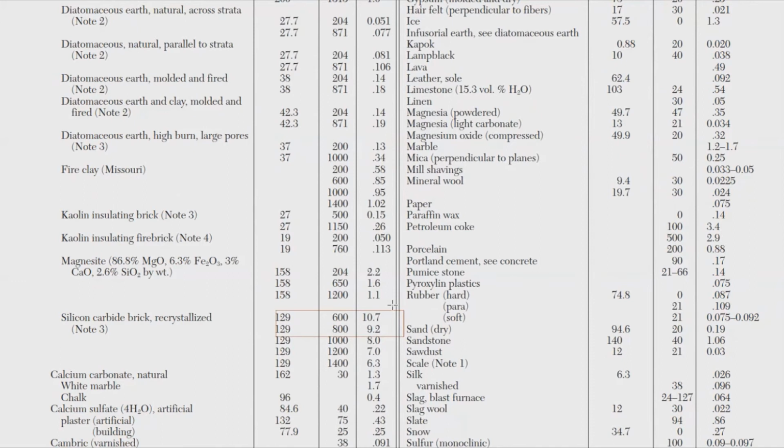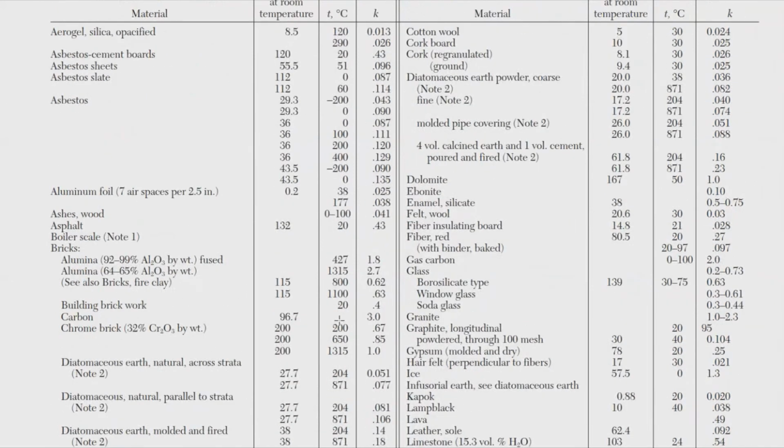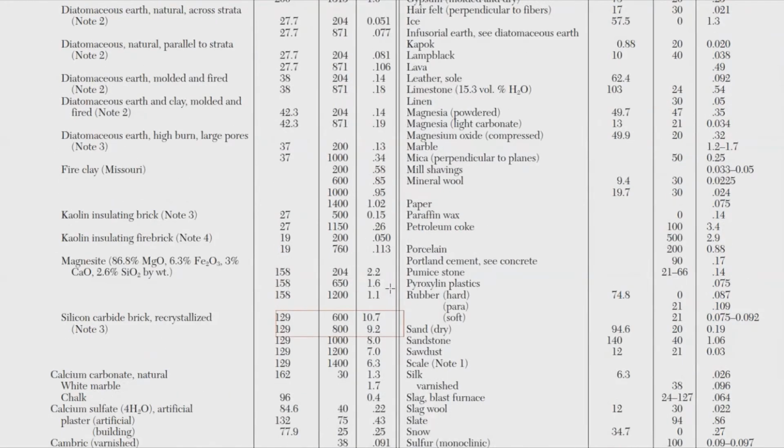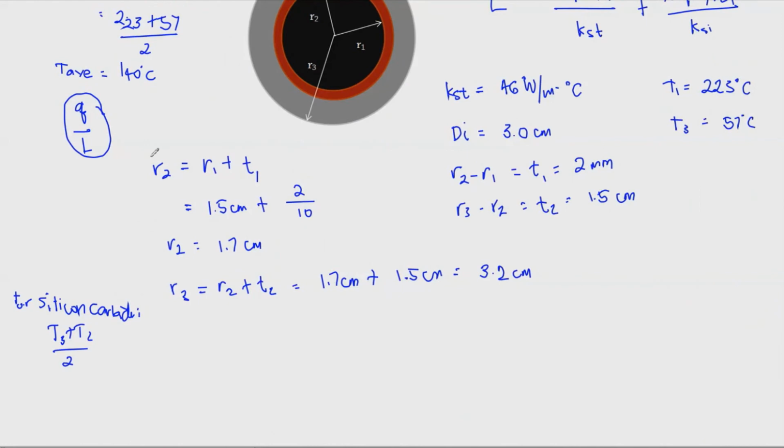So at 140 degrees Celsius, in English units, our thermal conductivity is equal to 14.15 British thermal unit per hour feet degrees Fahrenheit.